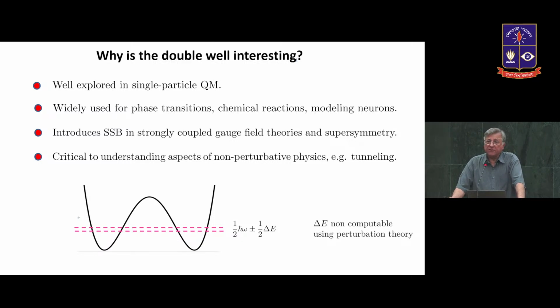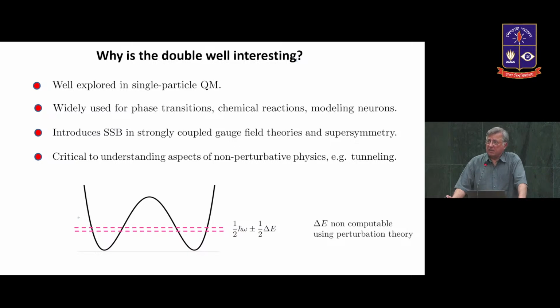Well, now there's the left well and the right well. There's a symmetry of x goes to minus x, which means that your wave functions will be either symmetric or antisymmetric. Now, if you try to compute the difference in the energies of the symmetric and the antisymmetric one, you can't do it using perturbation theory, because this is fundamentally a non-perturbative problem.